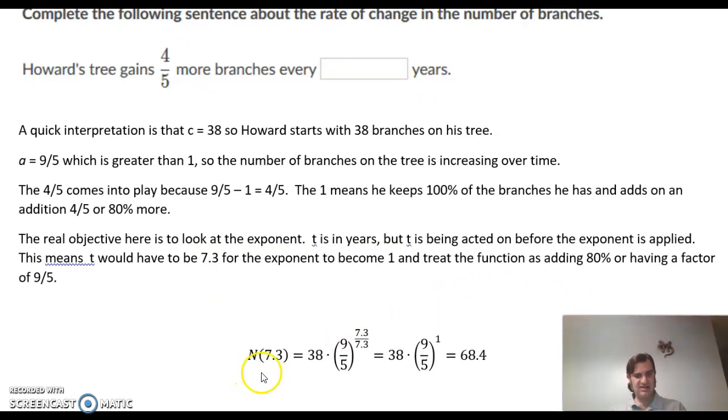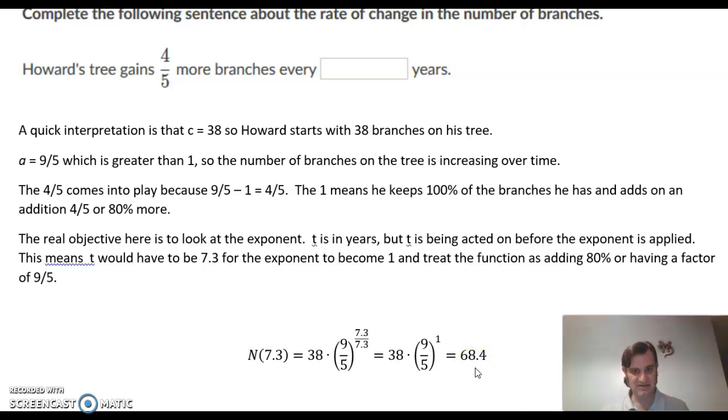Down here, just to show you that, I took the function notation, plugged in the 7.3, the exponent becomes 1, and if we do this calculation, we get 68.4. Well, if you take 38 and figure out what 4/5 of it is, and then add it to 38, you should get this 68.4 over here. So you can try that.